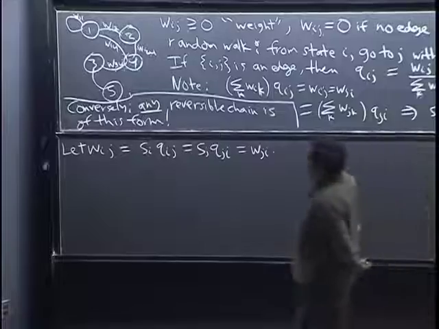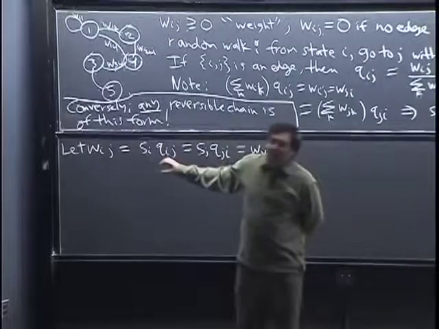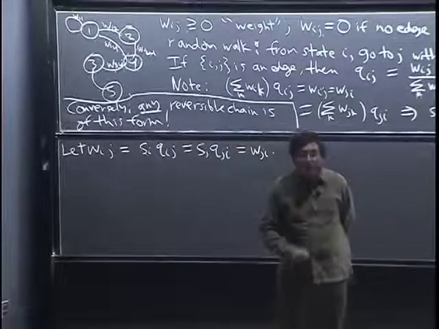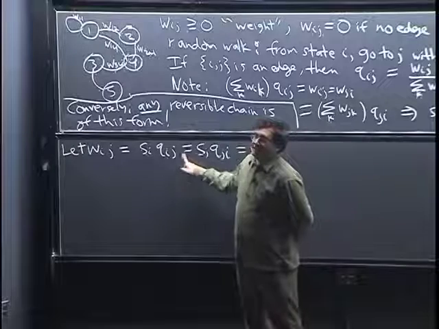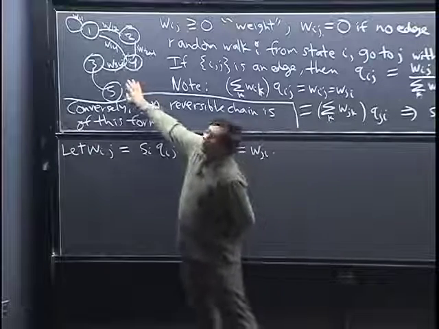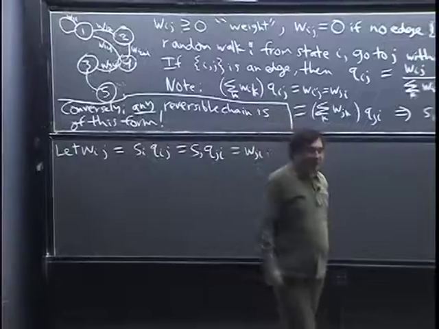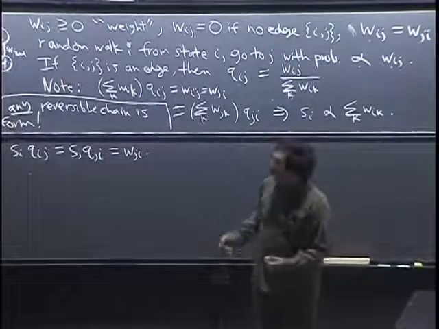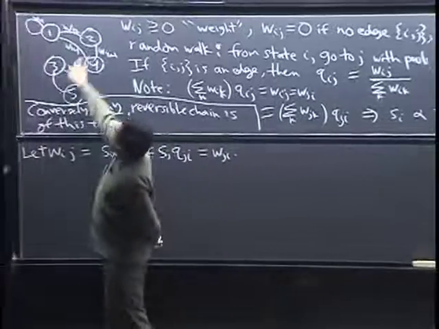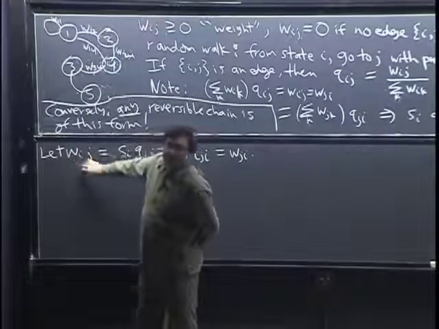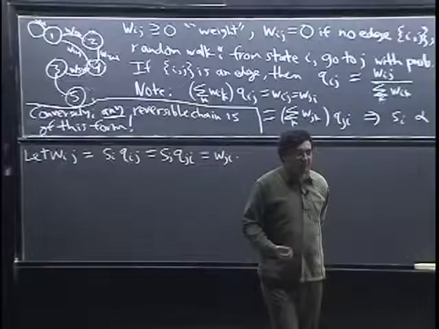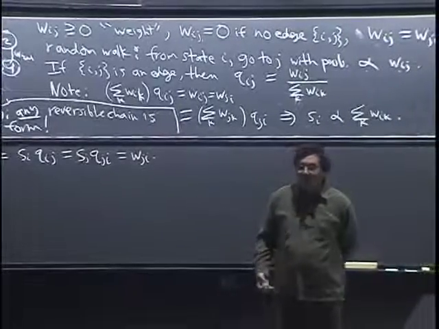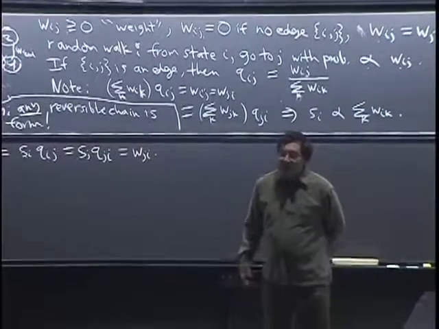In other words, we're assuming we have Qij, our Markov chain of interest, and that it's reversible, so this holds, and then we're showing that it can be written in this way. At this point, all we have to do is check that this random walk on the network with the weights defined this way has the transition probabilities that we want, which are Qij by definition.